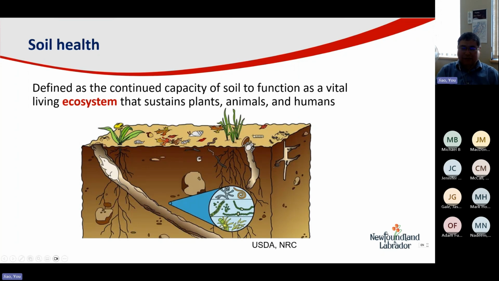Something we really cannot see with the naked eye, like bacteria, fungi, nematodes, and earthworms. Sometimes we see them, like when I go fishing, I go to the soil and catch earthworms. And really, soil is life. It is a living ecosystem doing a lot of work underneath our feet to support plant growth and also animal and human life.